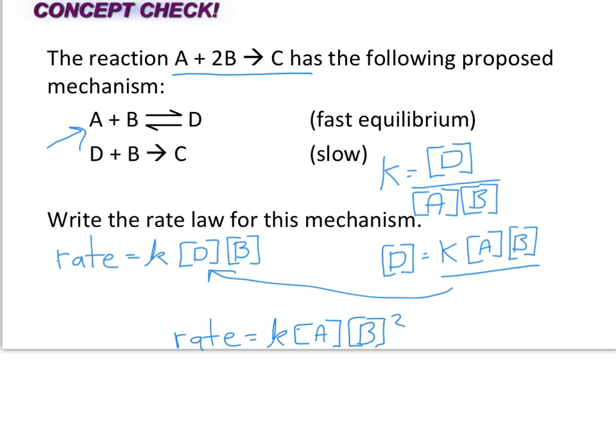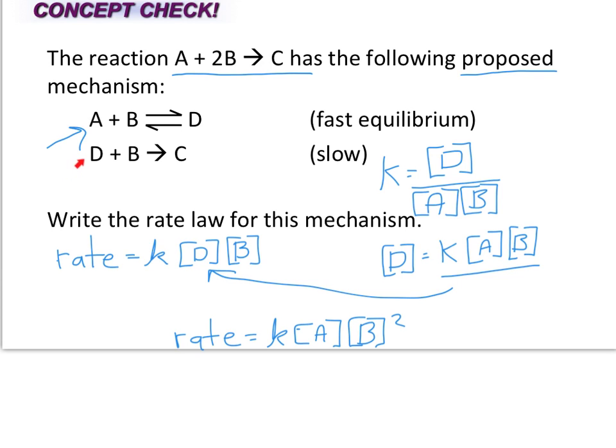So let me emphasize what we've done here, because none of this may be entirely obvious. So we have a proposed mechanism, and I'm going to talk more later about what it means to say a proposed mechanism, so I'll get back to explaining that idea in a little bit. So the proposed mechanism looks like this. We have A and B that react to form some intermediate.